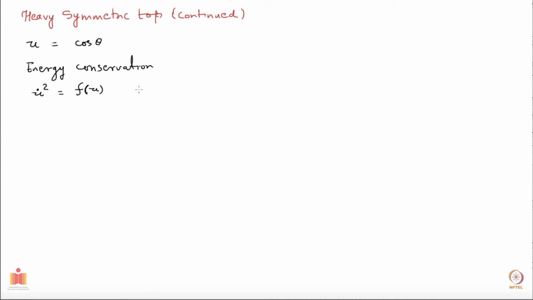Okay, and here our f of u we found out to be alpha minus beta u, times 1 minus u square, minus a minus b u whole square. Okay, that's what we found.